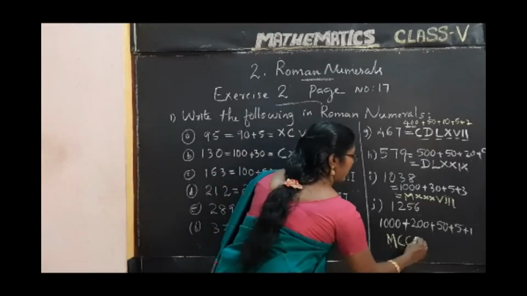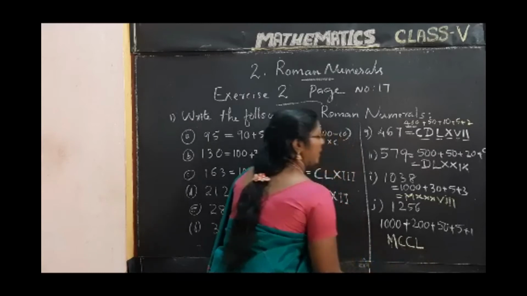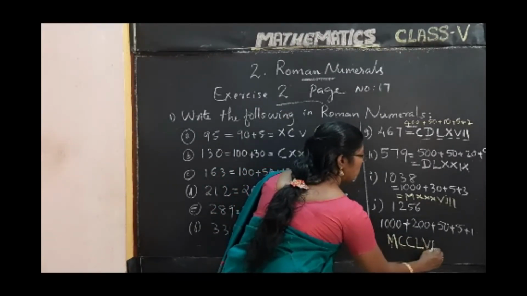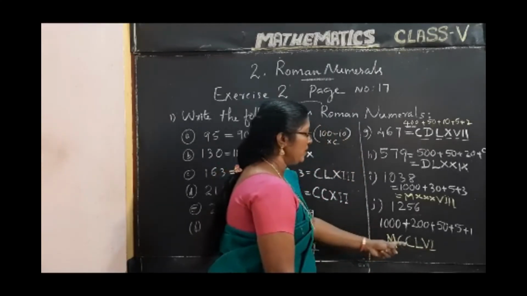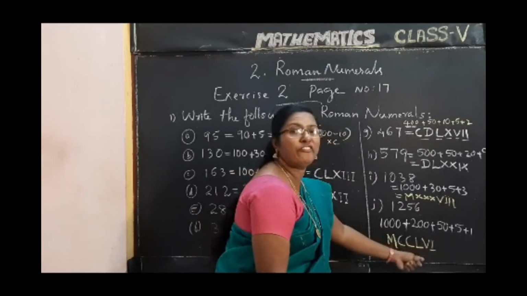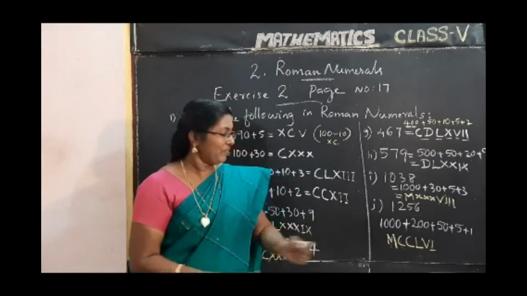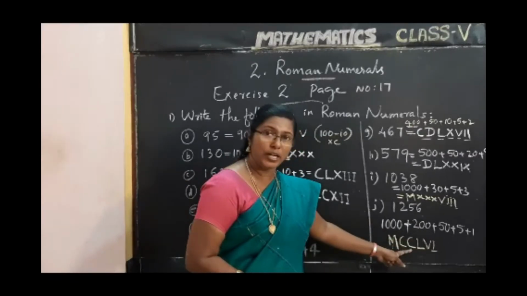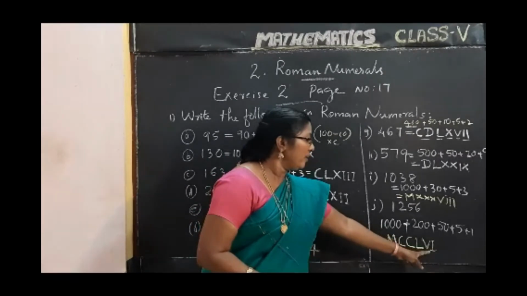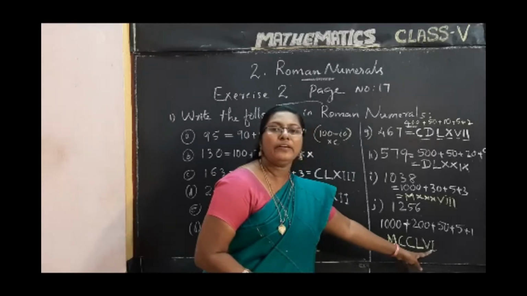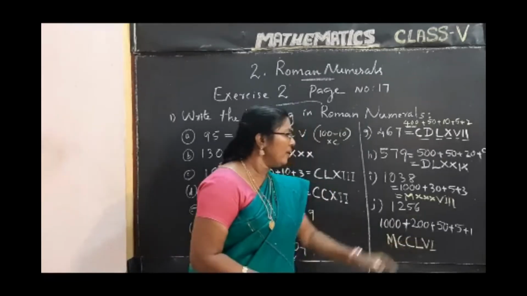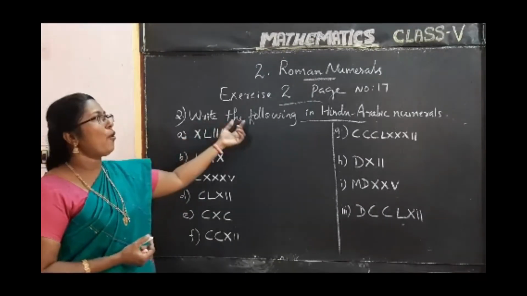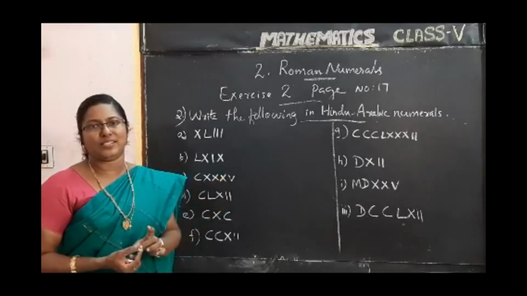Then 50, L denotes 50, and 5, V denotes 5, I denotes 1. So M, C, C, L, V, I. 1256. Okay, clear?